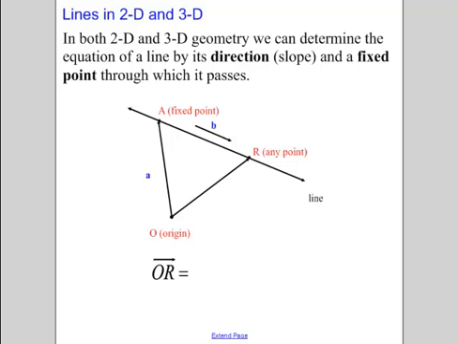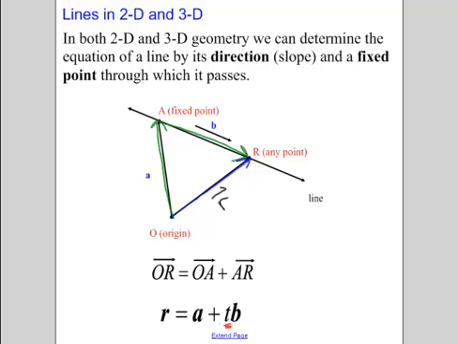So here's my situation. I'm starting at the origin O. So the vector from O to R equals the vector from O to A plus the vector from A to R. So therefore, I'm going to call this vector OR, I'm going to call that vector R. So then I know vector R is just vector A plus B, my vector direction, multiplied by some number, by some constant.